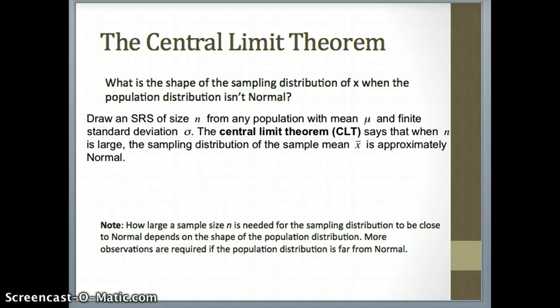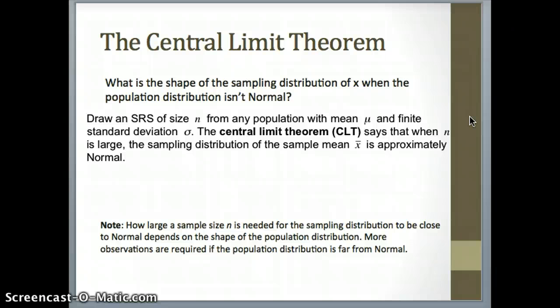So what is the shape of a sampling distribution of x bar when the population distribution isn't normal? We're going to draw an SRS of size n from any population with mean mu and finite standard deviation.